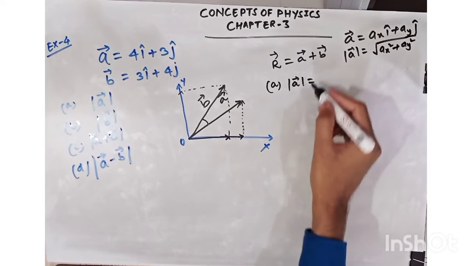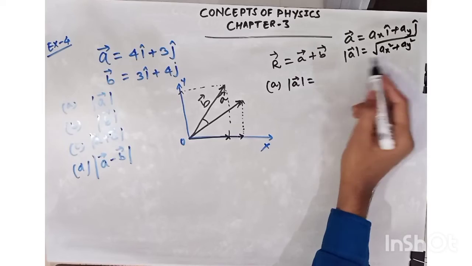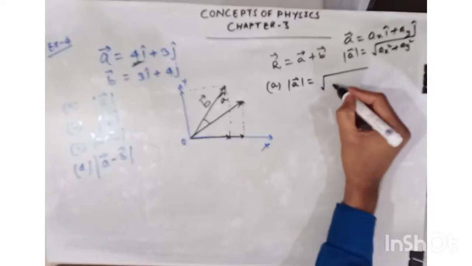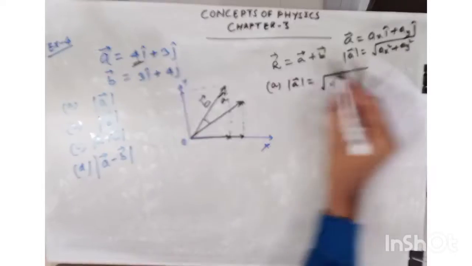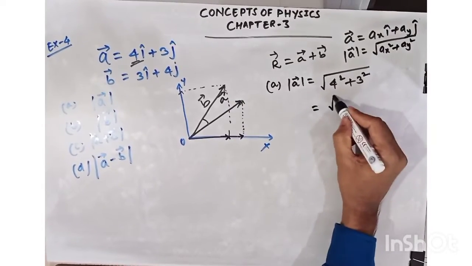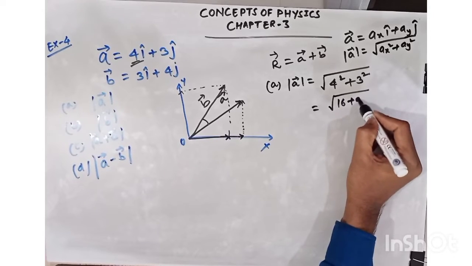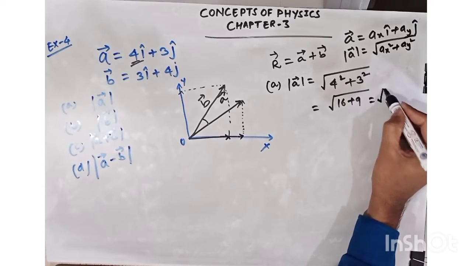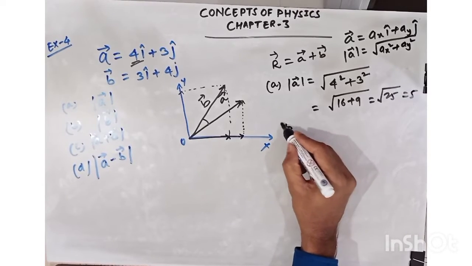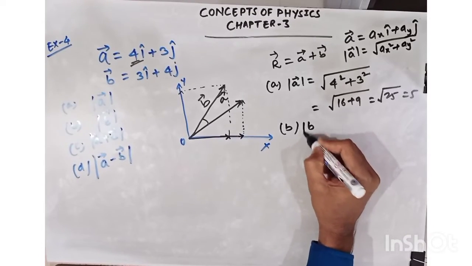Okay, so we can use the same formula here. So what is our x component? 4 squared plus the y component squared. So how much would it be? 16 plus 9, it would be 25, so the square root is 5.